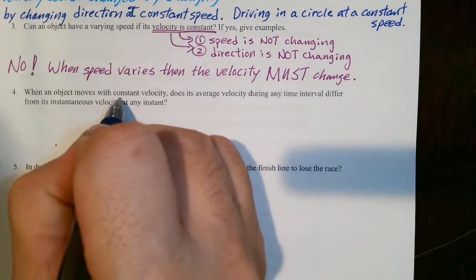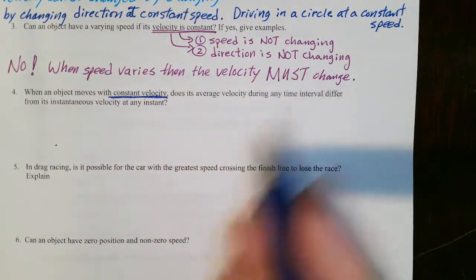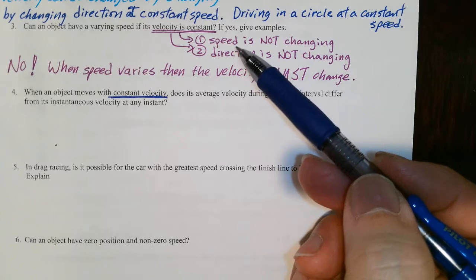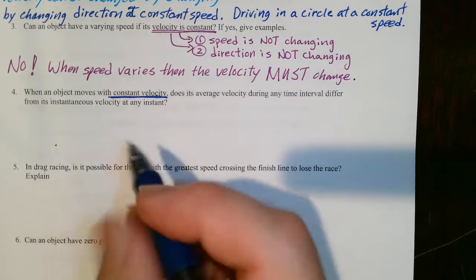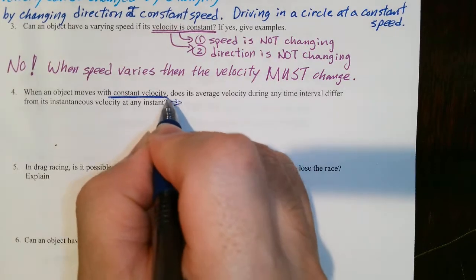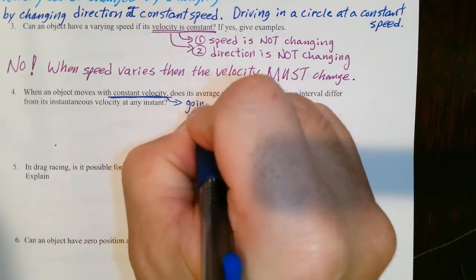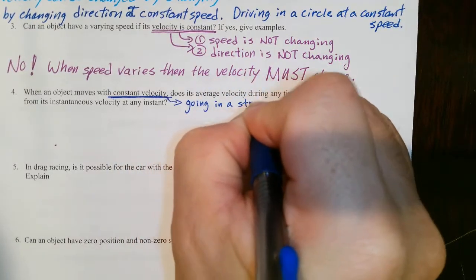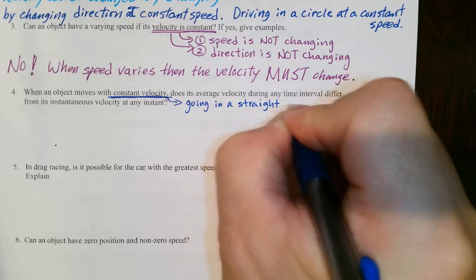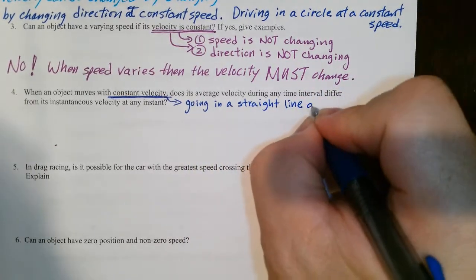Again, the constant velocity condition, you have to have two things. The speed has to be constant and the direction has to be constant, right? That means it has to be going in a straight line at a constant speed.